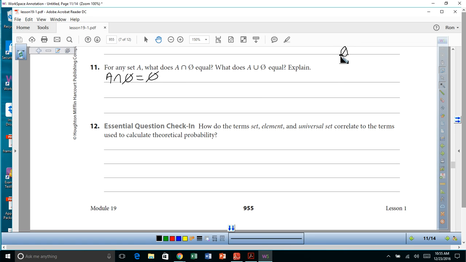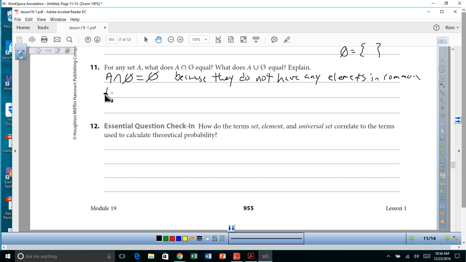Remember, this right here is empty brackets. There's nothing in it. That's the null set. So it is equal to the null set because they do not have any elements in common.